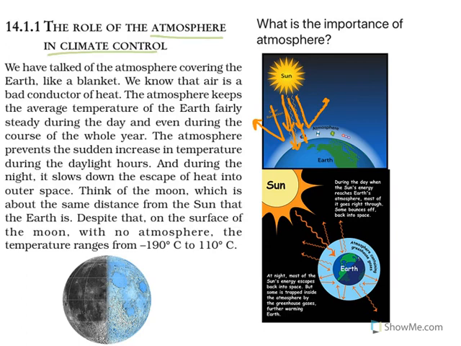And during the night, the earth's heat is also trapped. It does not escape into the atmosphere. Like in this picture, we can see the earth's heat is trapped. It does not escape very easily.